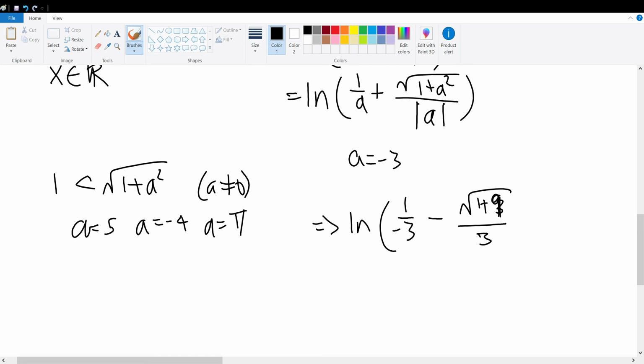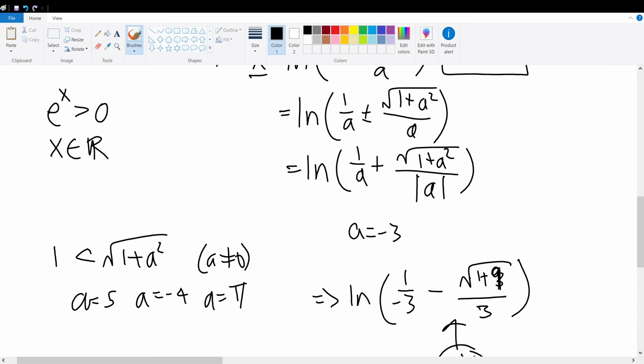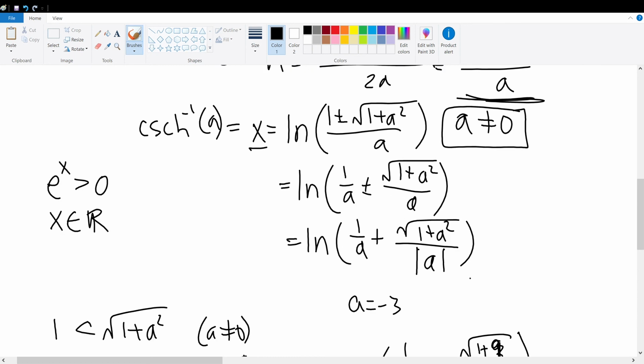And what will we get? This will become a negative quantity. We cannot take the natural log of any negative quantity. Therefore, we cannot have a be a negative quantity under the square root of 1 plus a squared. So we have to take the absolute value in order to ensure that our natural log will make sense, along with the restriction of a not being equal to 0.